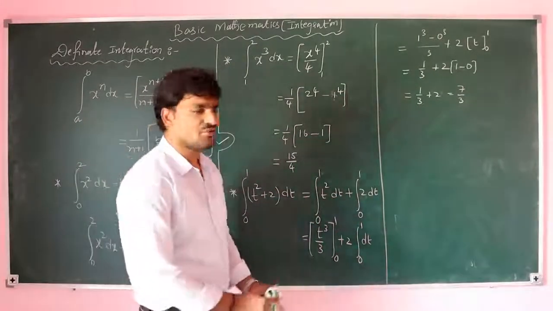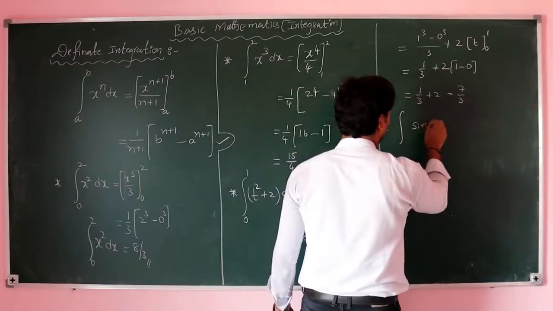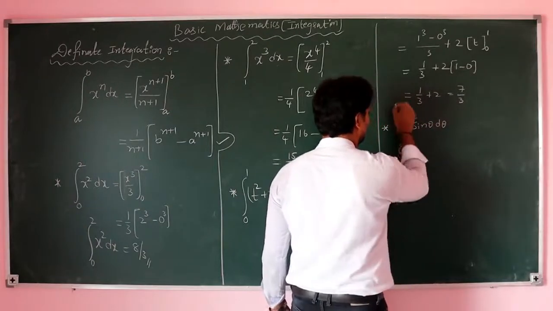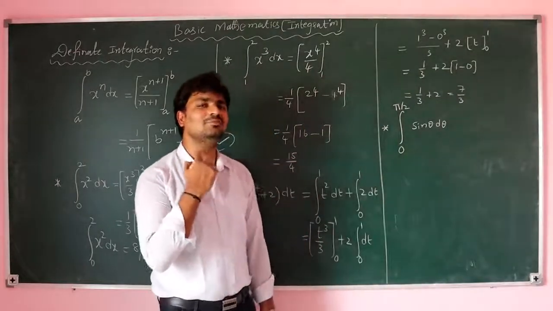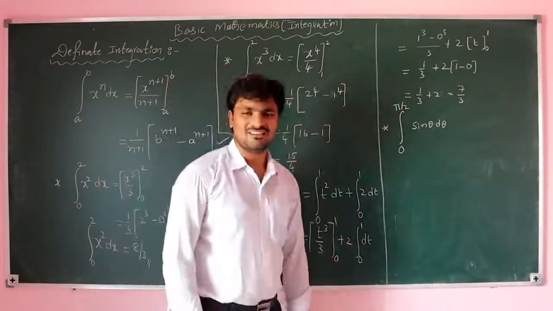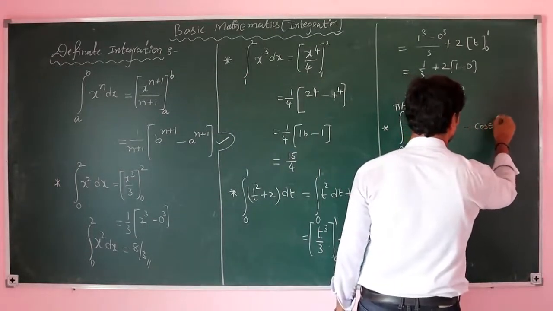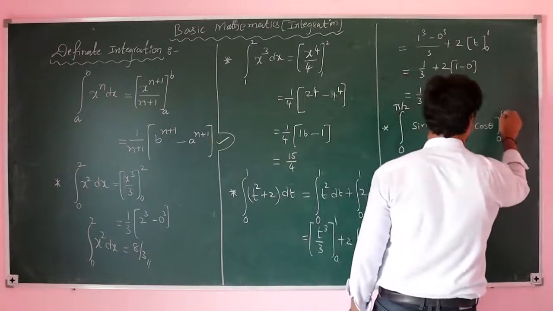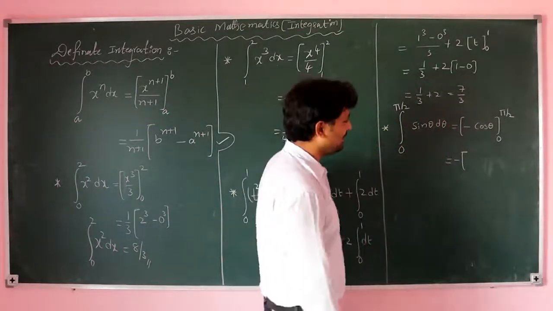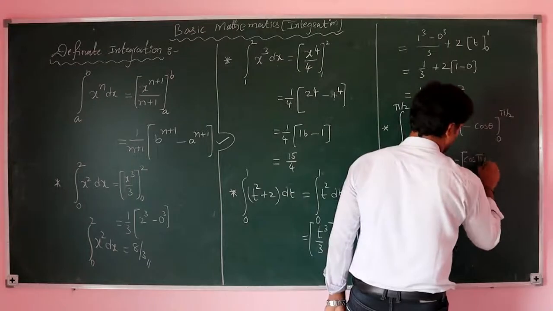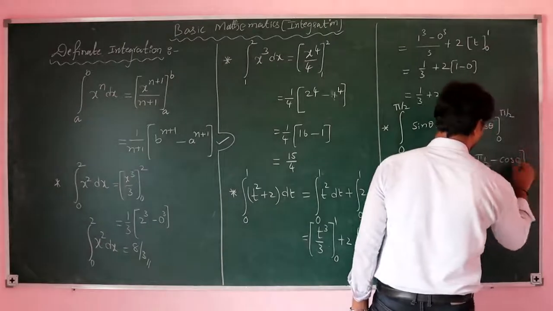This much. And also, for example, we'll try one more thing, integral sin theta d theta, angle is from 0 to pi by 2, pi by 2 means 90. See what is the value that happens? Sine integration, you know that, minus cos, angle from 0 to pi by 2. Take minus common, upper limit cos pi by 2 minus cos 0.